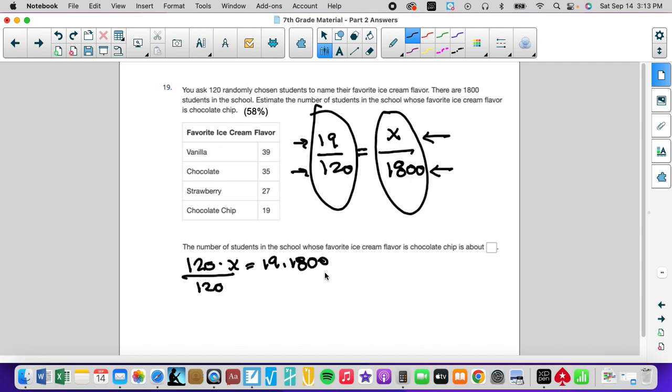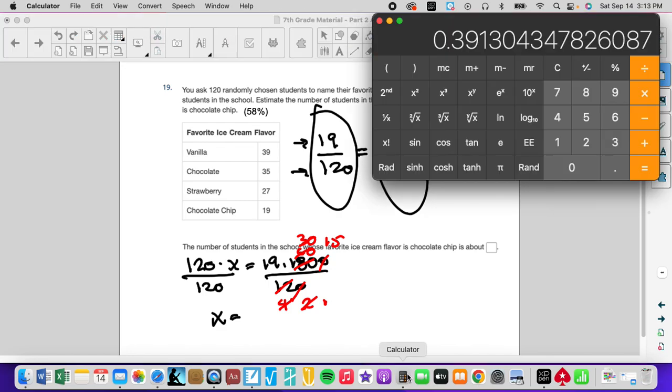Let's divide by 120, divide by 120. We get x equals, we can cancel that 0. What goes into 12 and 18? 3. 3 goes into 12 4 times. 3 goes into 180 60 times. 2 goes into 4 2 times. 30. 2 goes into 2, 15. And 19 times 15.